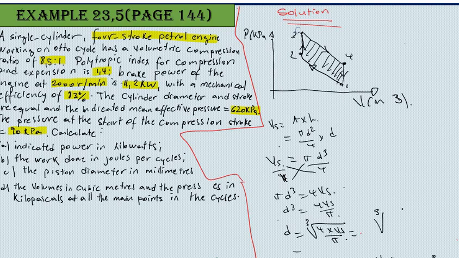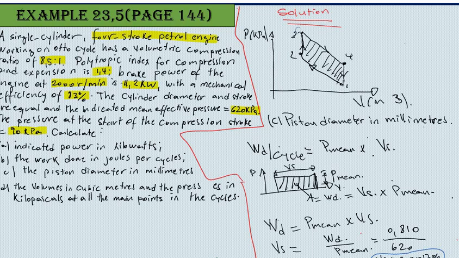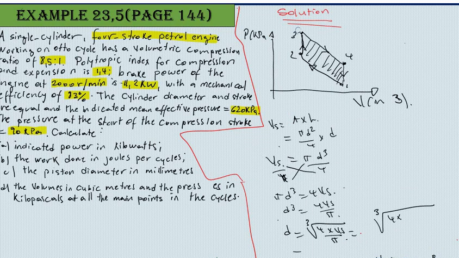I've already determined the swept volume. The value of the swept volume is 0.001306, and then we have pi.